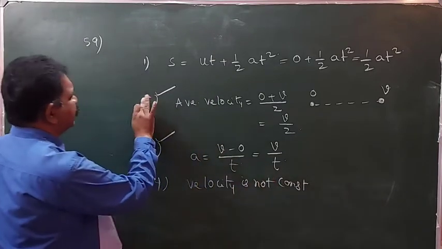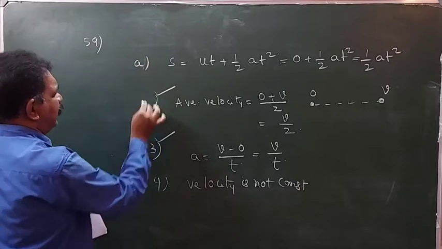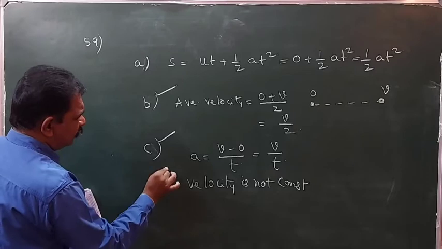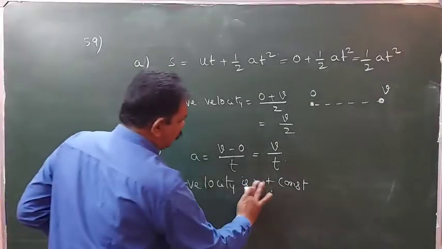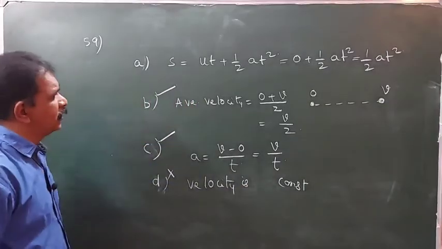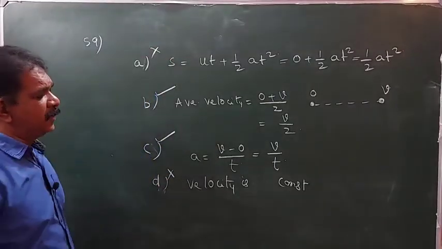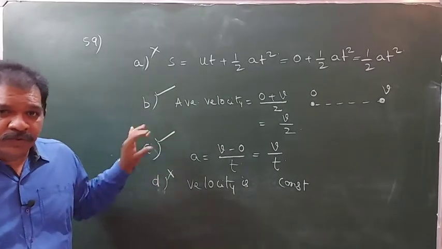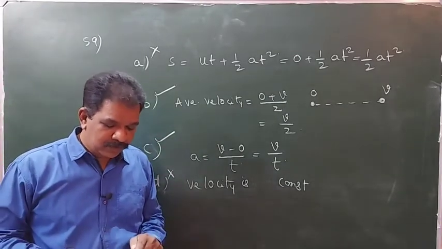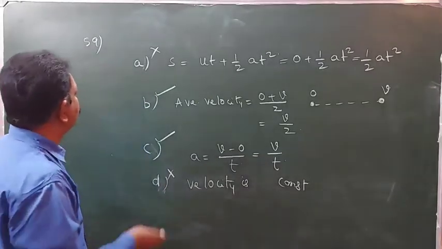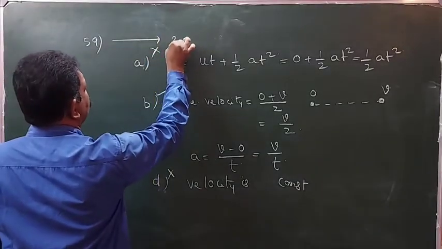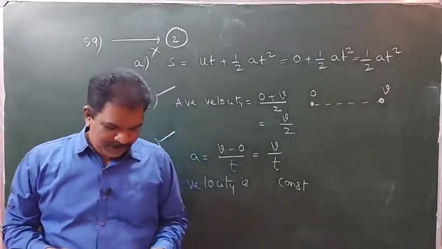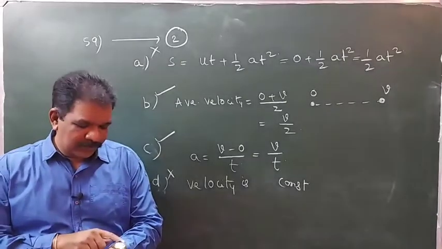Actually, they gave these, you change them as A, B, C, D. So the statement that velocity is constant will be wrong. The statement S is equal to Vt is also wrong. Only these two are correct. So the second option is right. 59, it will be the second option. Clear? Next, 60. What they are asking, see.